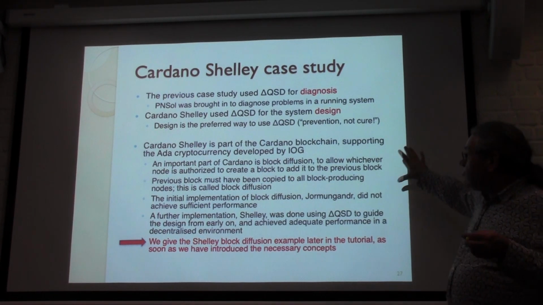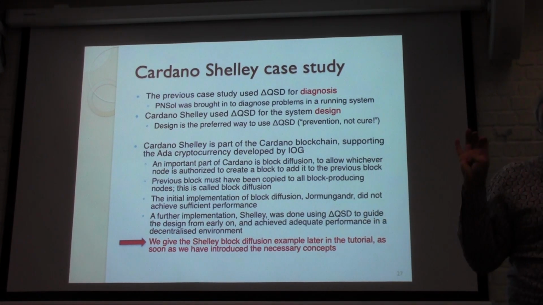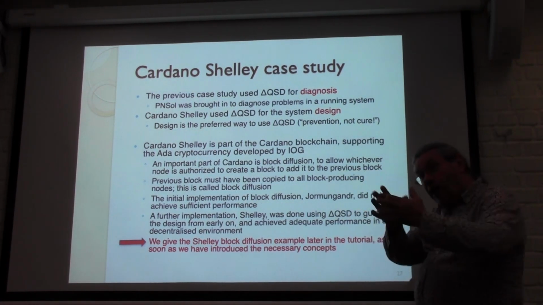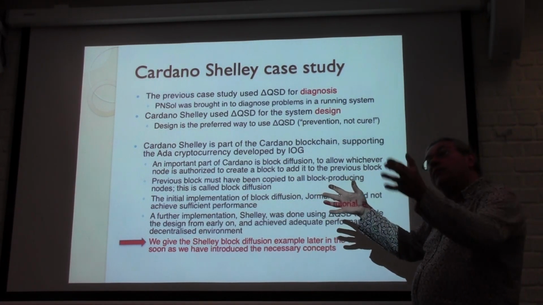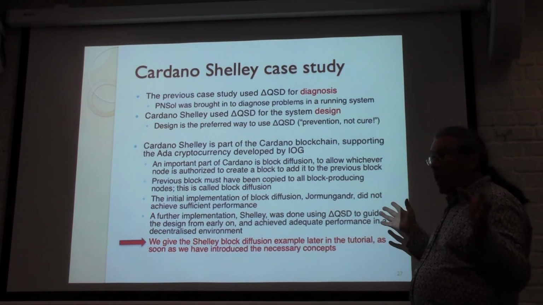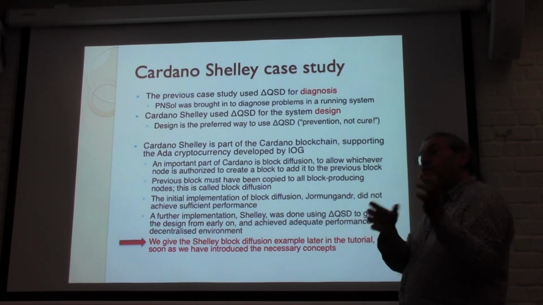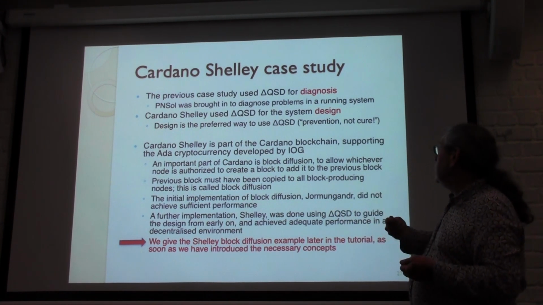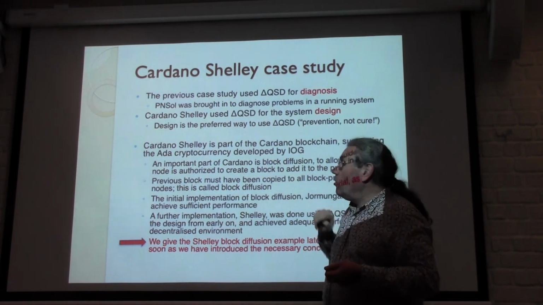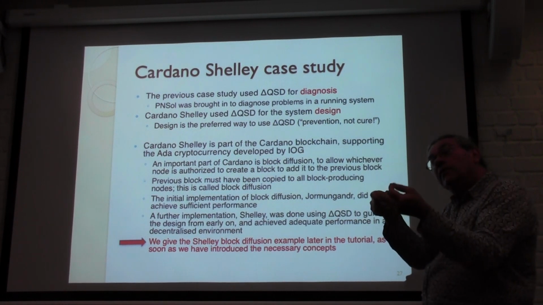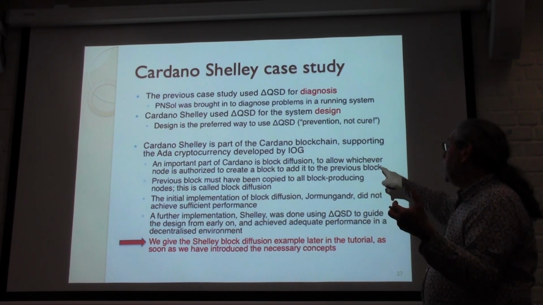I'm not going to give a full course on blockchain. I just want to explain that you have a sequence of transactions which everybody agrees on, and it's like a chain of blocks. When you add a new block, some node will be authorized to create the block and add it to the previous end of the chain.